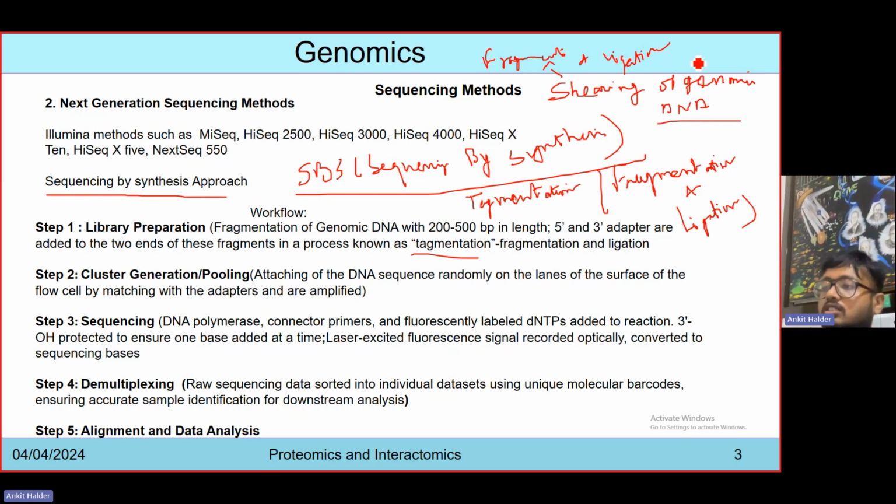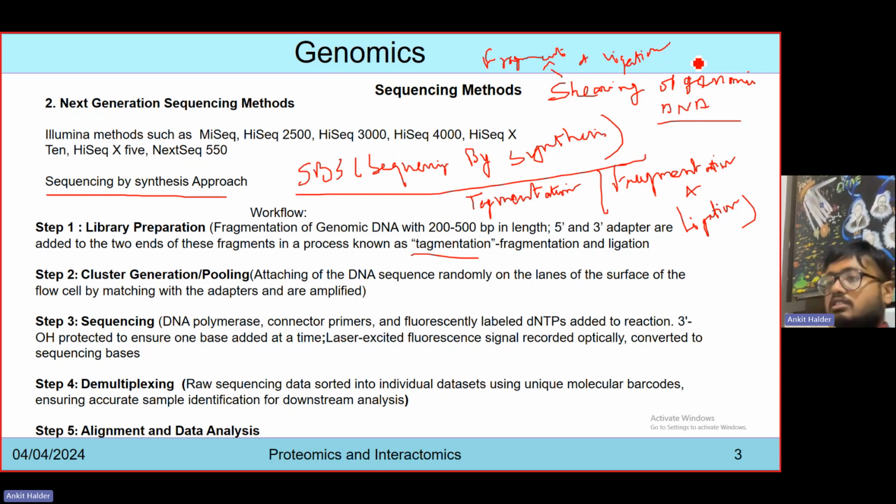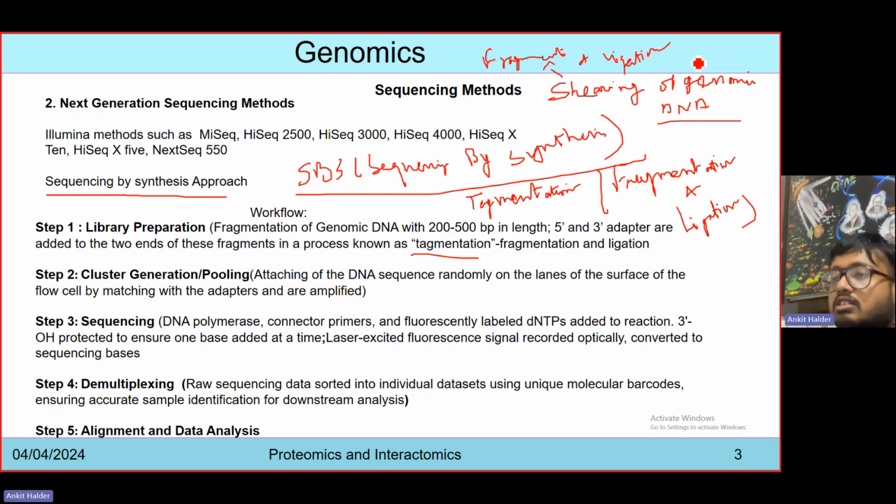The signal is recorded optically and converted to sequencing bases. Then demultiplexing: the raw sequencing data is sorted into individual datasets using unique molecular barcodes, allowing accurate sample identification for downstream analysis.